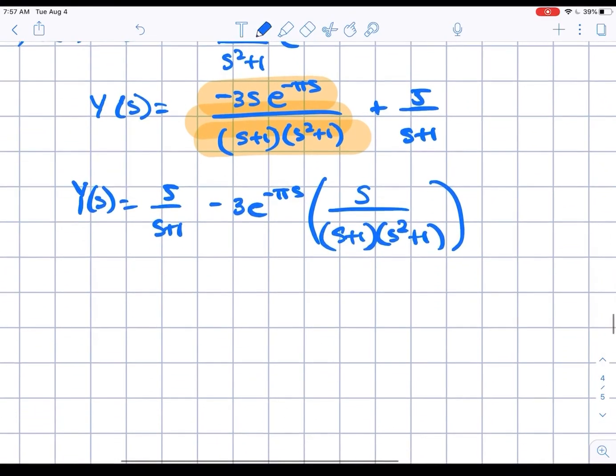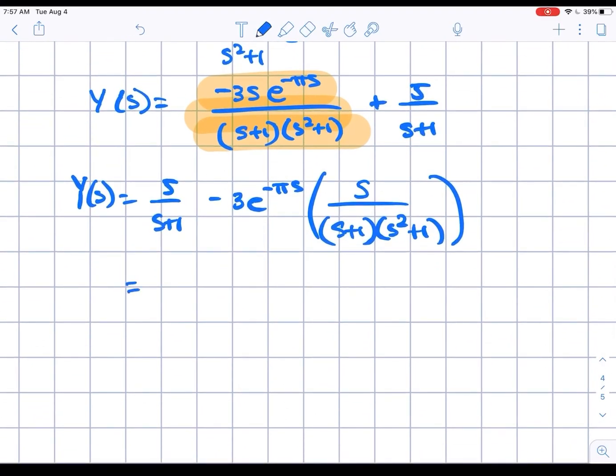Okay, so when I did it, I didn't do that though, and now that I'm looking at my work, I had it like 5 over s, and then I did my partial fraction, but I kept this e to the pi s.